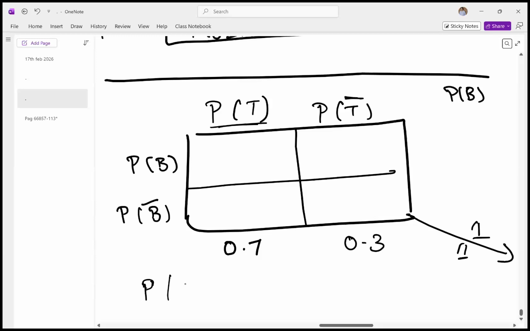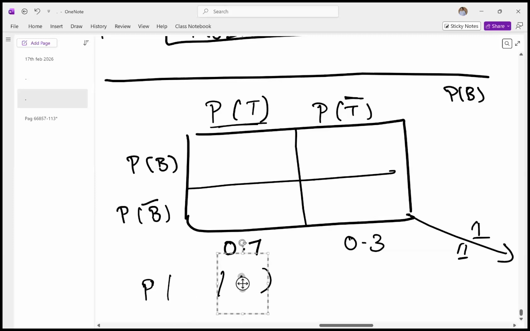Out of the people who do have a TFSA, sorry, my apologies. I'm still on the first line.